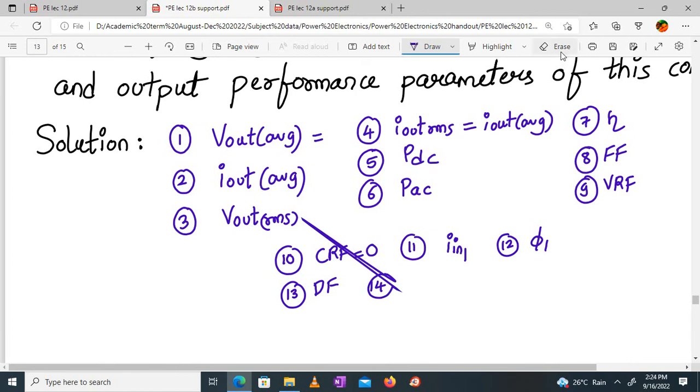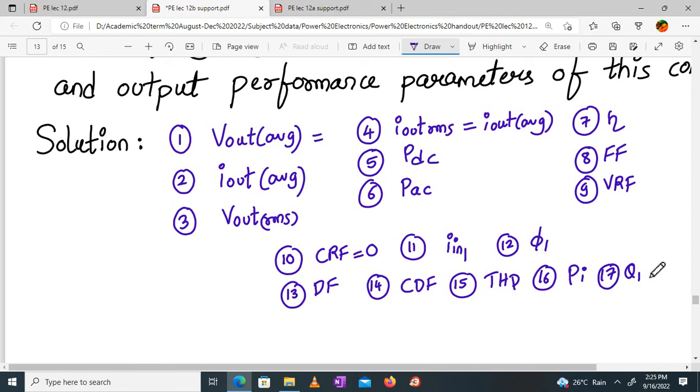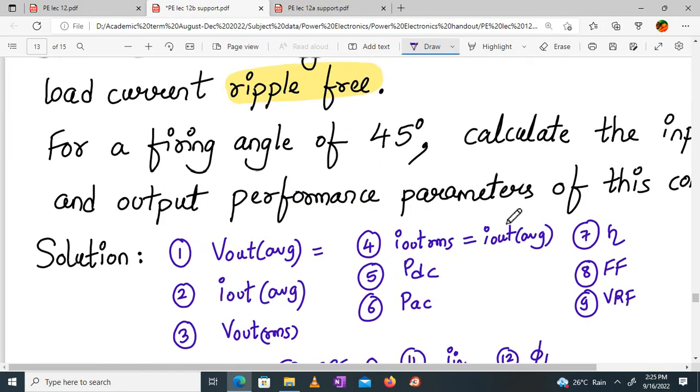Finally, total harmonic or harmonic factor. Active power and reactive power. So these all things you have to find out for this converter with the information given to you in this sequence. So that will be all for today. Thank you.